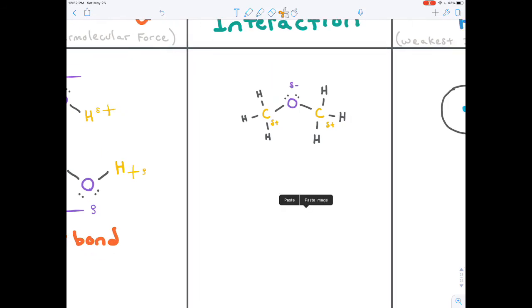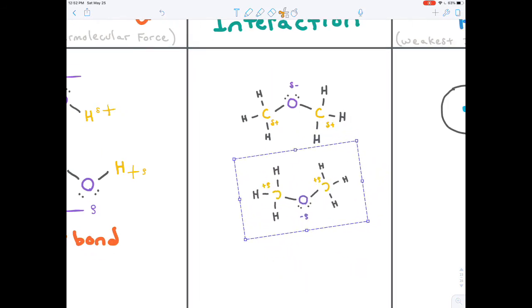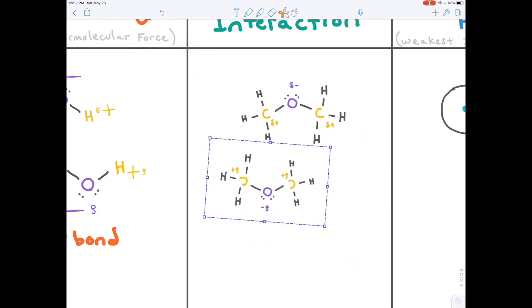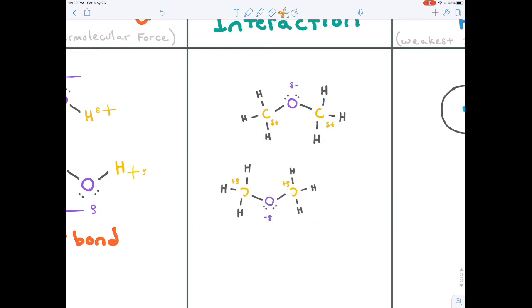So when you get two molecules like this together, there is still an attraction between the slightly negative oxygen on one of them and the slightly positive carbon on the other. That attraction is called a dipole-dipole interaction.